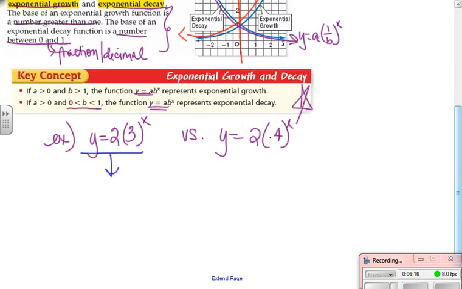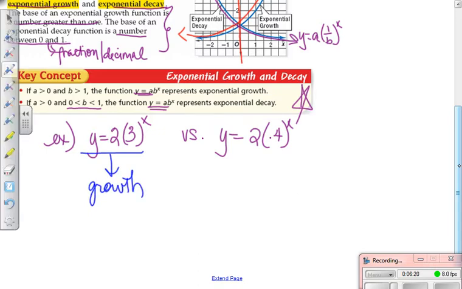This would be growth because this value right here is greater than 1. In this one, we look at this value right there, and that means that this is a decay. This number out front has nothing to do with growth or decay at this point.